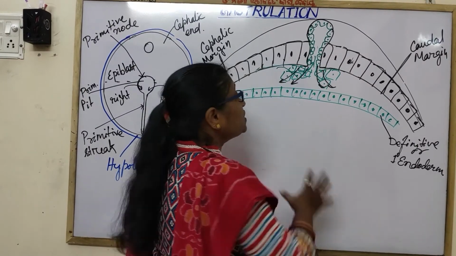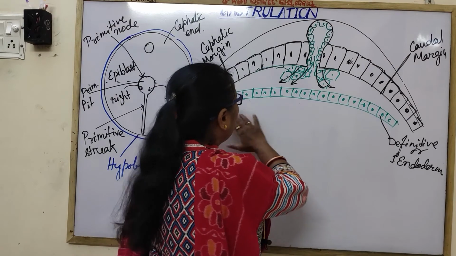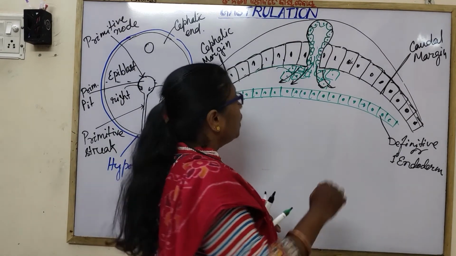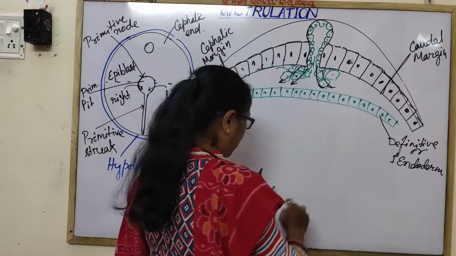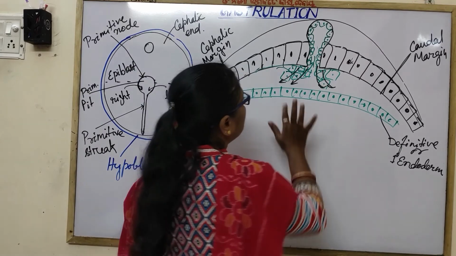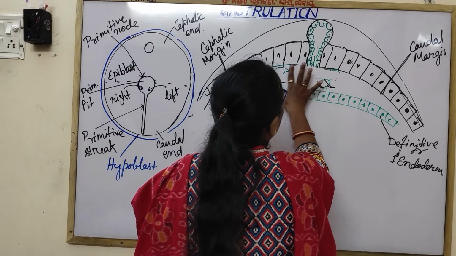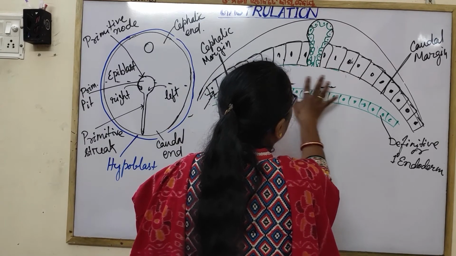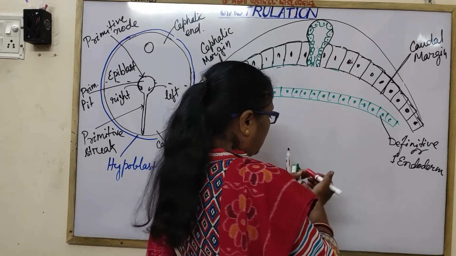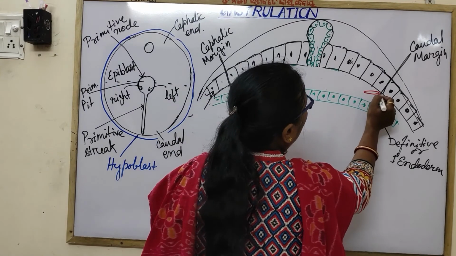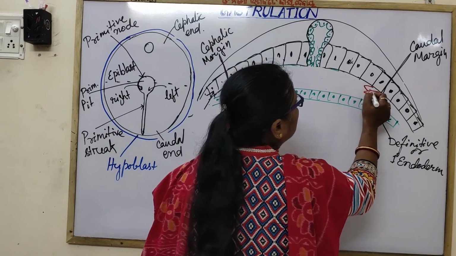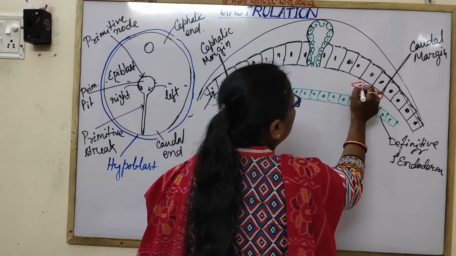Now, not all cells are required to replace the primitive endoderm. Some cells remain over here, and cells are proliferated from the caudal margin. Some remain here in the space in between the epiblast and hypoblast.